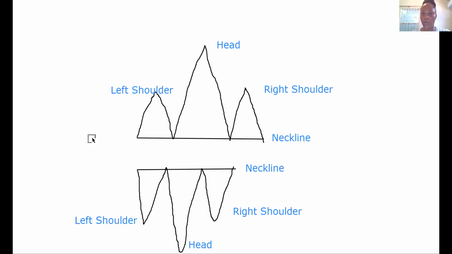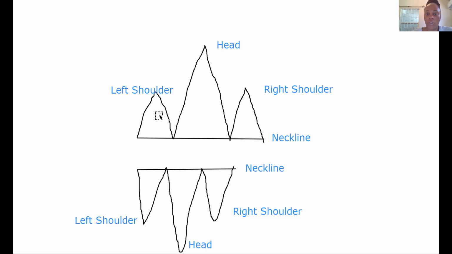So the same way how with your body, you have a head, you have your left and your right shoulder, and the neckline, right, it basically takes the same form on the Forex chart. Now, in the inverted head and shoulder, the neckline is resistance. And in a regular head and shoulder, the neckline is support. Right?